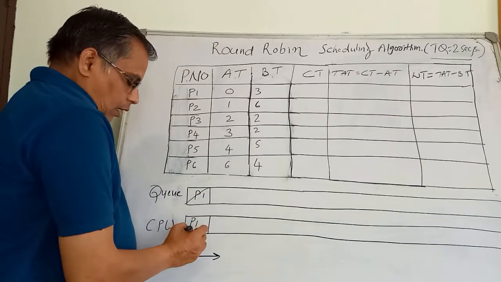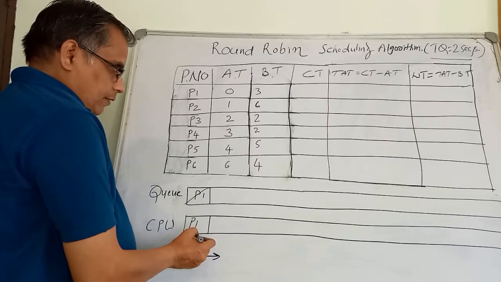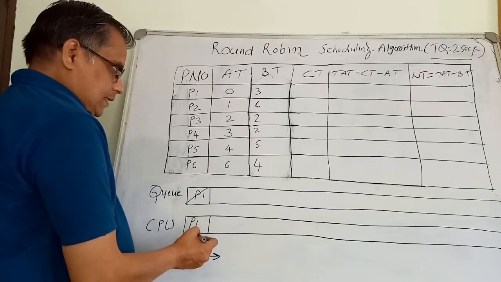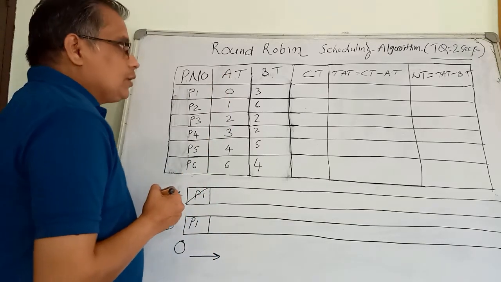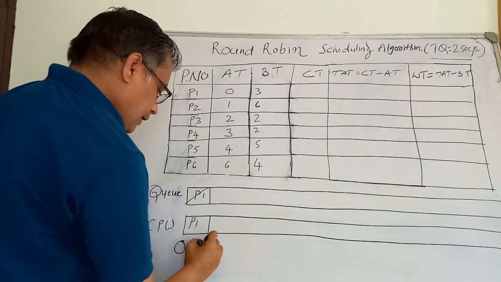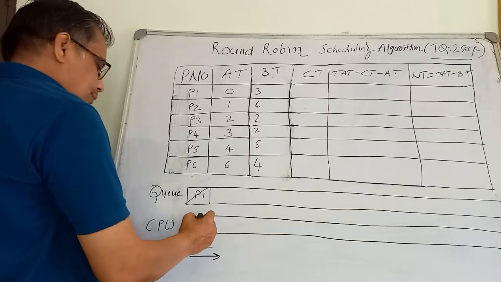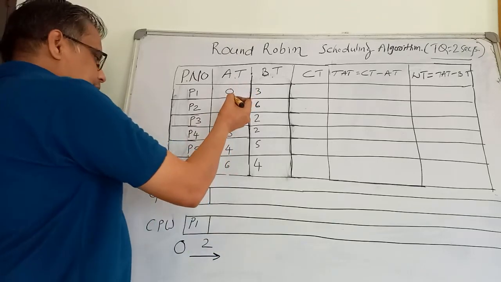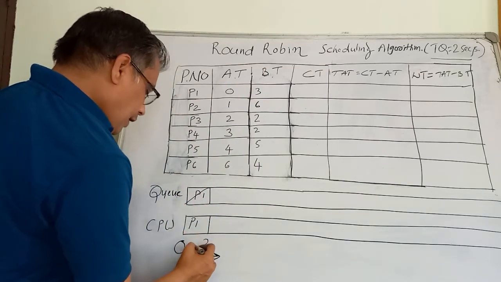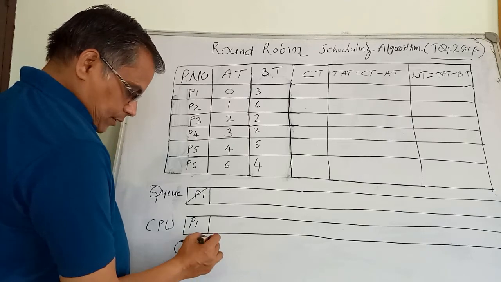How much time is it going to be executed? It is only 2 seconds. Why is it 2 seconds? Because the time quantum is 2 seconds here. Correct? The time quantum is 2 seconds, and the burst time of P1 is 3 seconds.